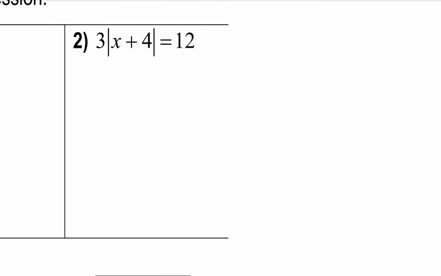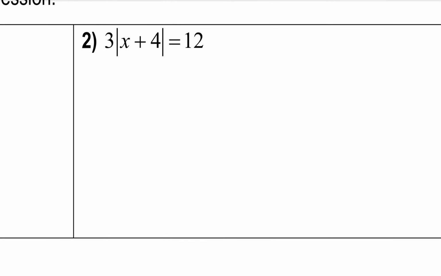So let's try number 2. Again, I want to get the absolute value, from this bar to this bar, all by itself, which means that 3 has got to go to the other side. Because it's 3 times, I know it's times because there's nothing in between the bar and 3. It doesn't say 3 plus or 3 minus, it's just 3 and then the absolute value bar, so it's times.